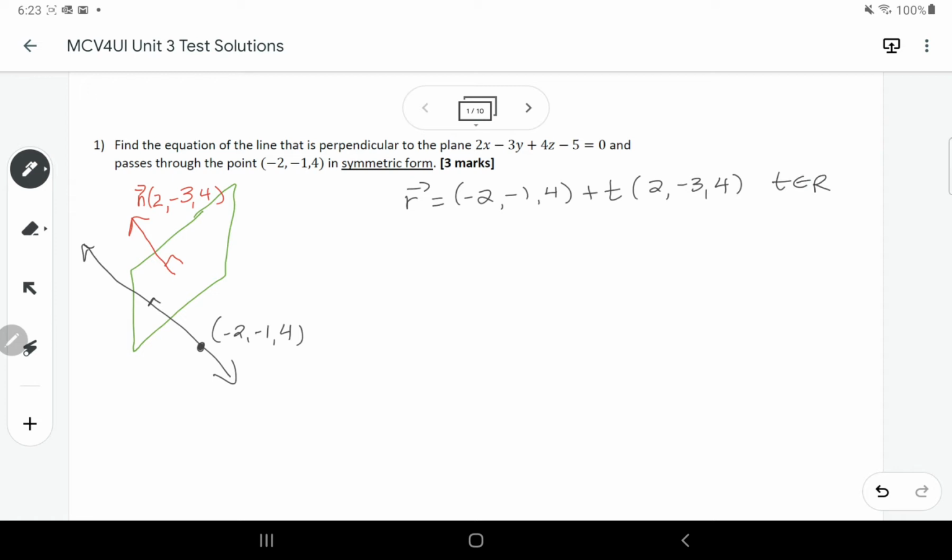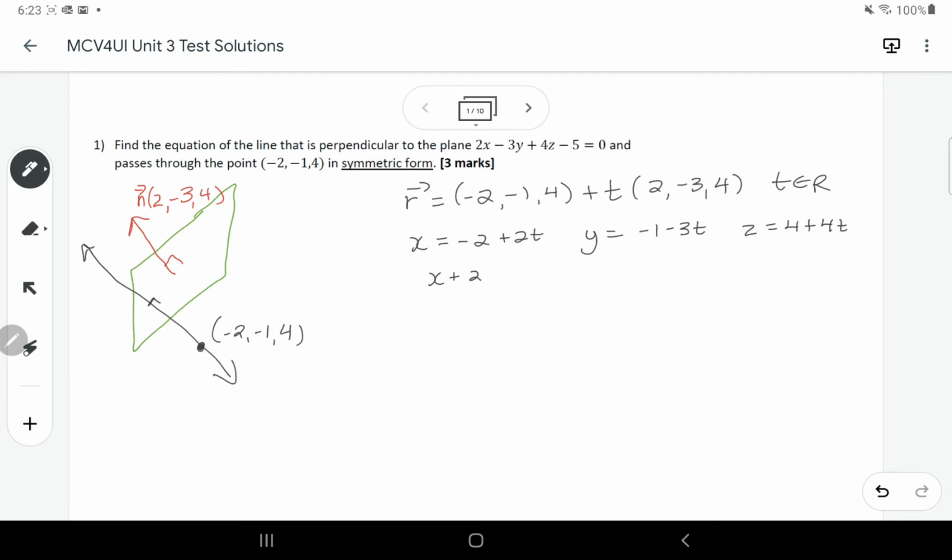And we want to put that into symmetric form. So I would put it into parametric: x equals -2 plus 2t, and y equals -1 minus 3t, and z equals 4 plus 4t. And then I'll rearrange each of these to solve for t.